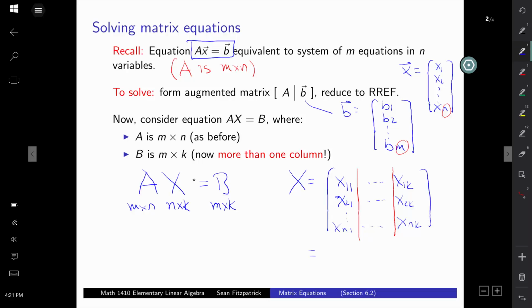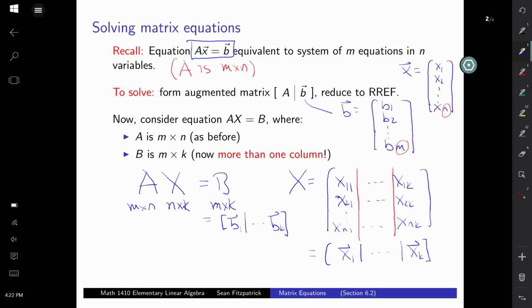Let's call the first column the vector x1, all the way across to the vector xk. So instead of having a single column vector worth of variables, we now have k different column vectors worth of variables. Similarly, the matrix B could be written as B1 all the way across to Bk.